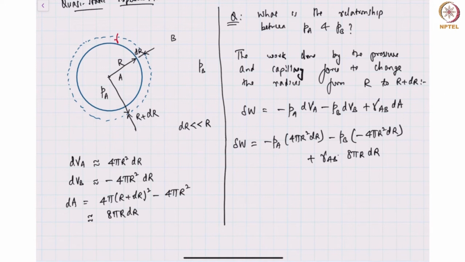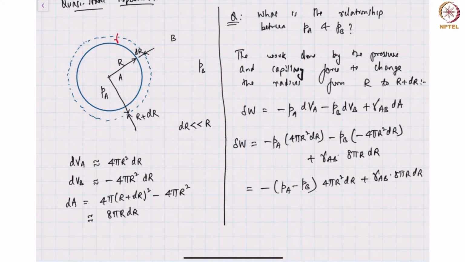We can combine a few terms here. 4 pi r square dr is common. PB has a positive sign, so we have to take that into account. We have minus of (PA minus PB) times 4 pi r square dr, plus gamma AB times 8 pi r dr. That's the simplification.